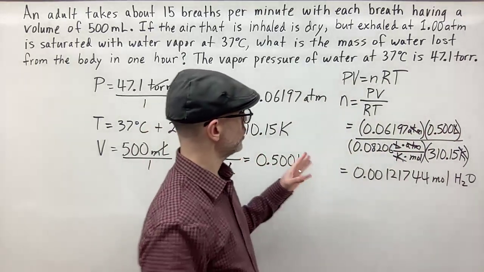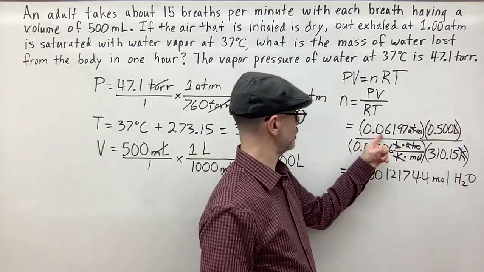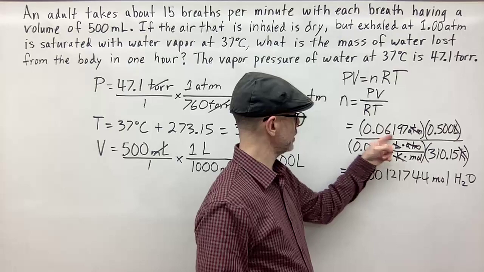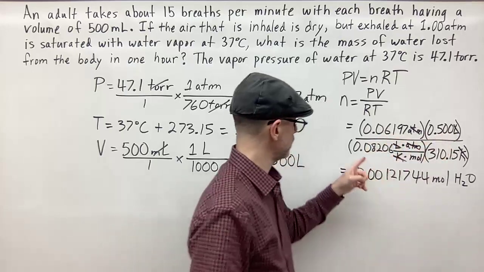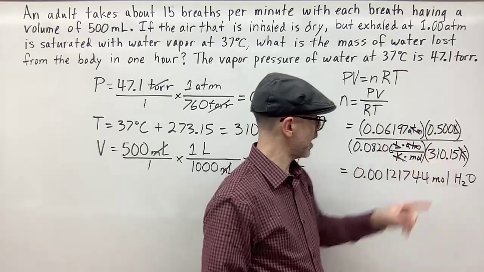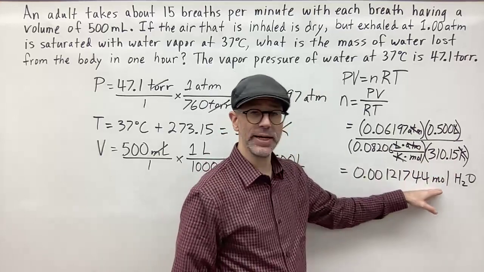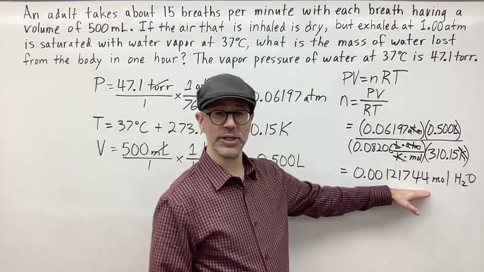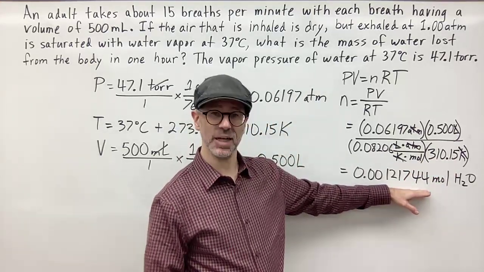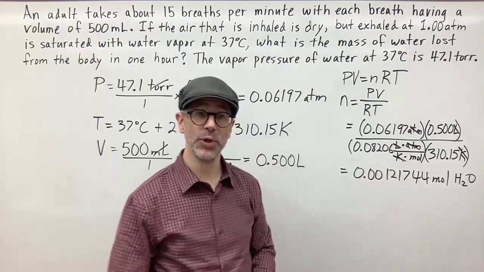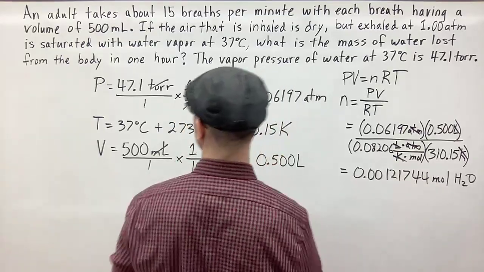Now, sig figs. I have 4 sig figs here, 3 sig figs here, 4, and 5. Remember, when you're multiplying and dividing, your answer should have the same number of sig figs as the least number, which in this case is 3 sig figs.